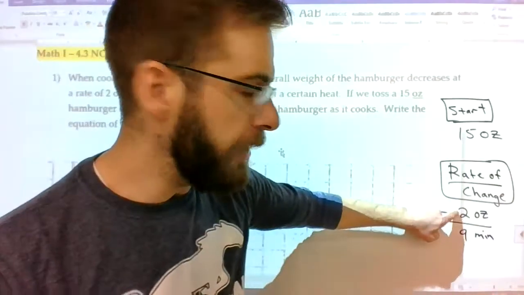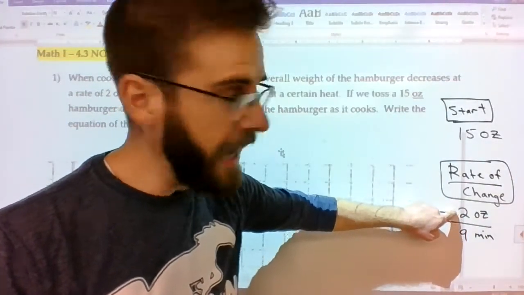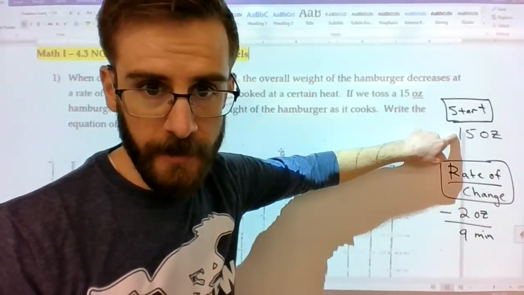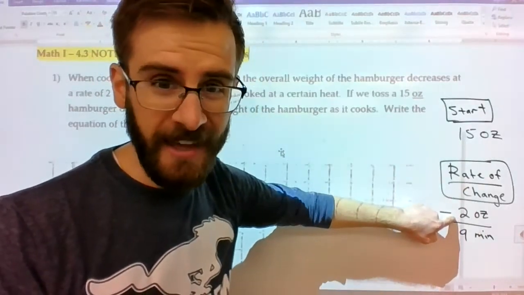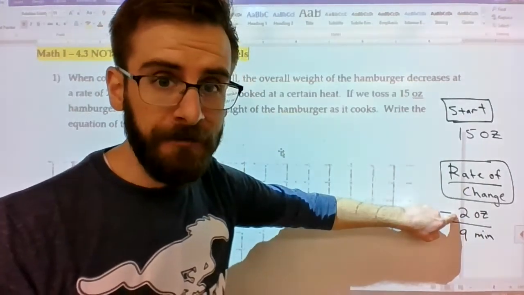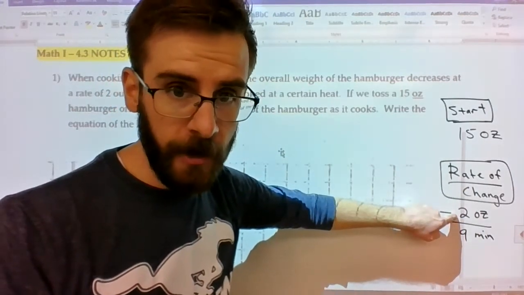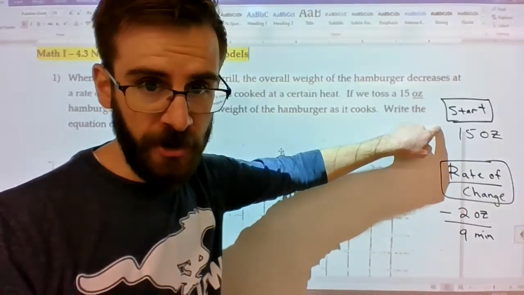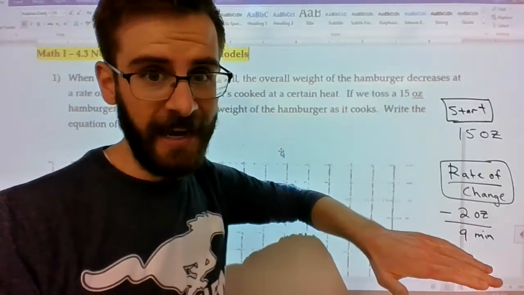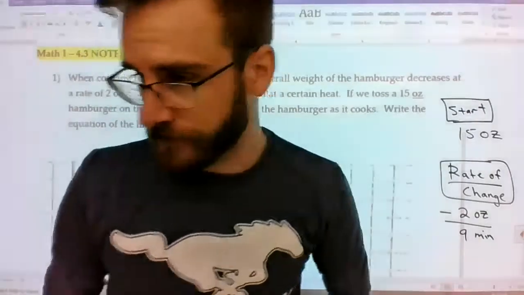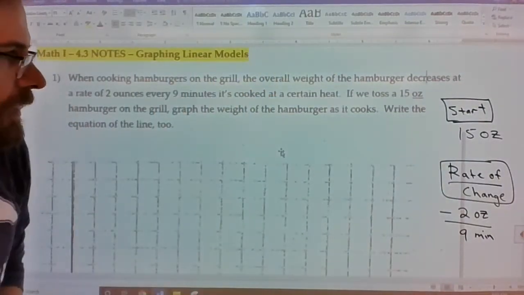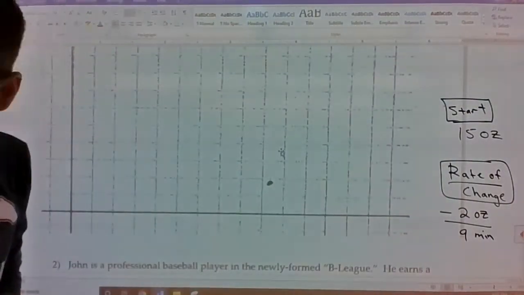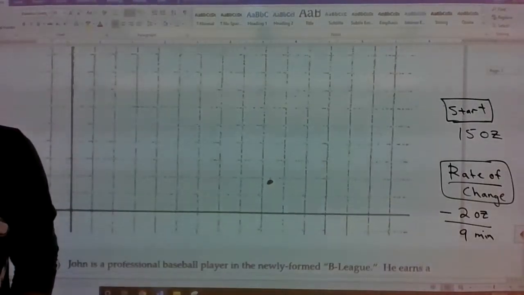The top of the rate of change will always match the unit of the starting point. You might want to just write that down on your notes. The top of the rate of change, the numerator, ounces, should match the starting point. If you got that down, you're going to be golden. So, with that information, let's graph.